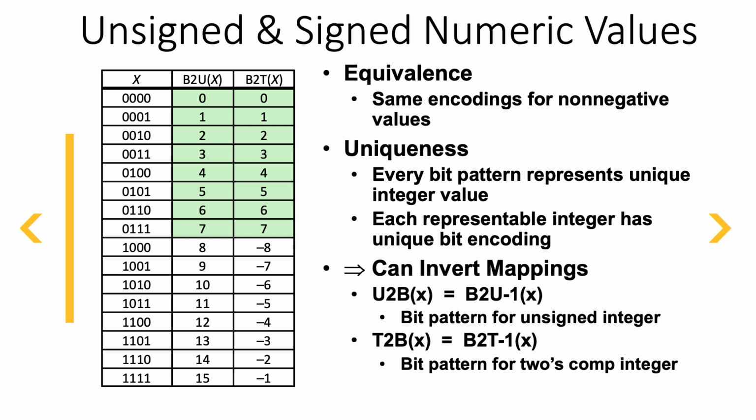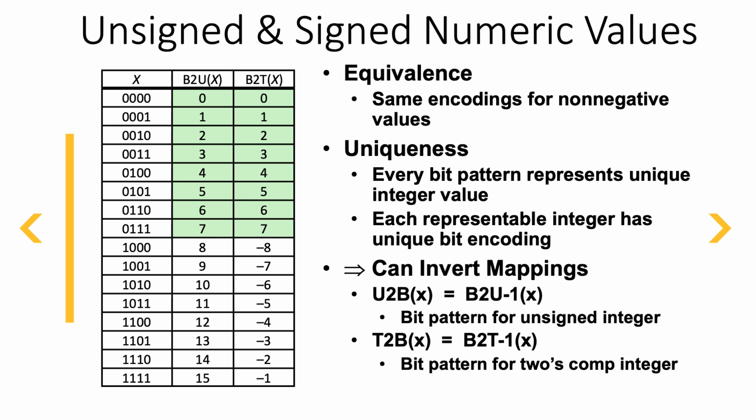If we're talking about 2's complement, each bit pattern represents a unique 2's complement integer. That also goes the other way. Each representable integer has a unique bit encoding. So once again, if I'm talking about unsigned, when I am given a 10, I know that that's going to go to a unique encoding. It's not going to be the same encoding as another unsigned integer.